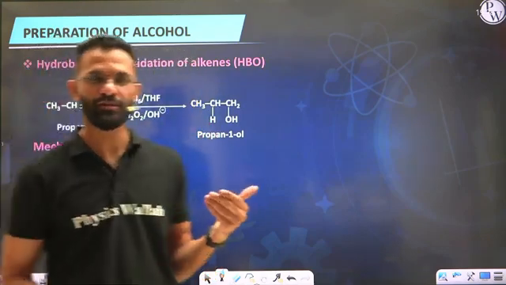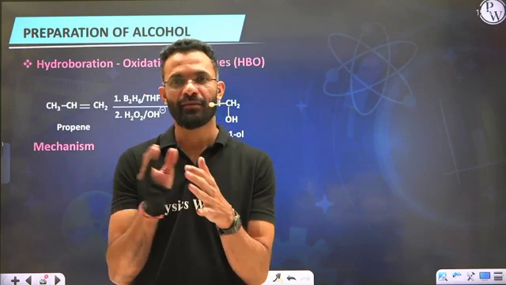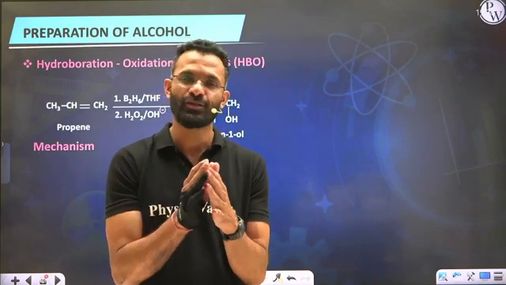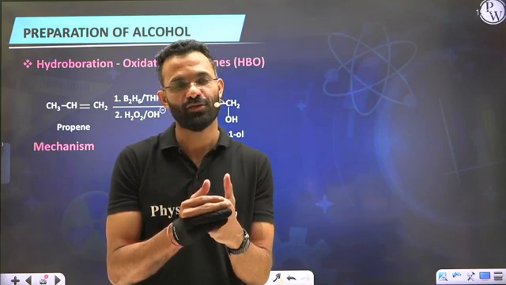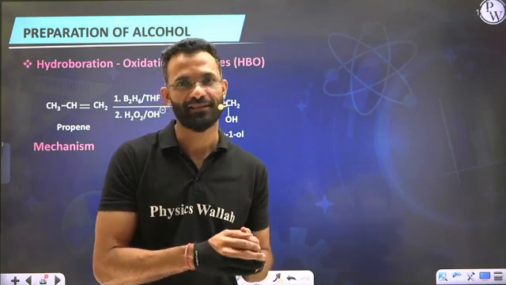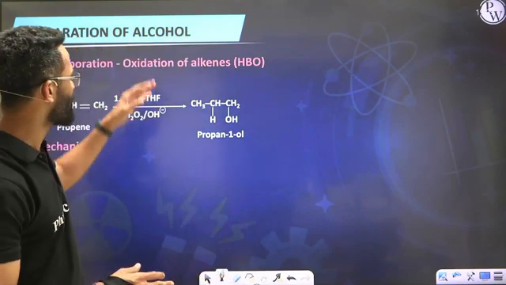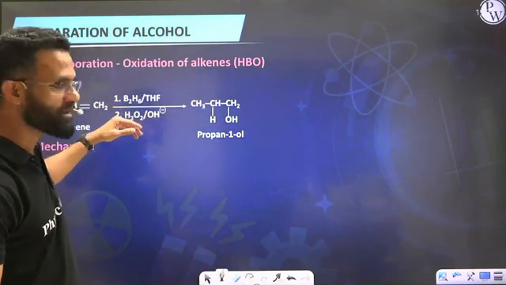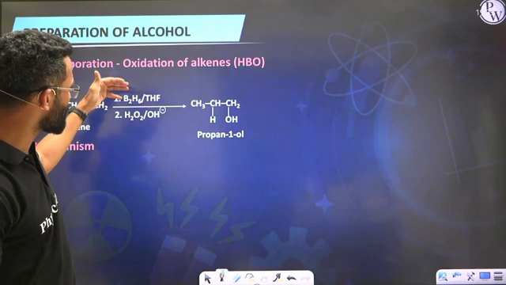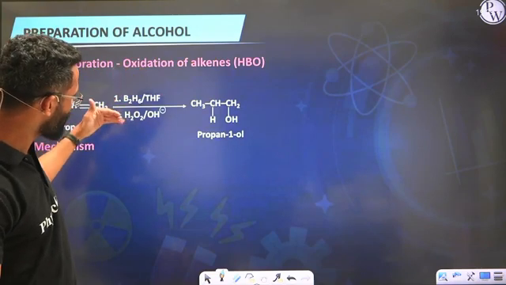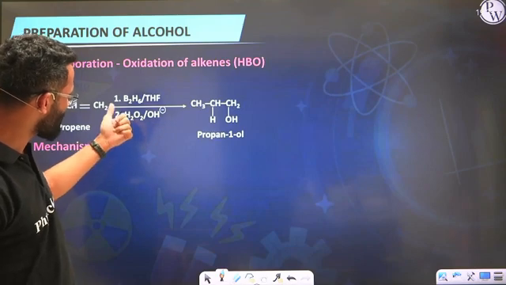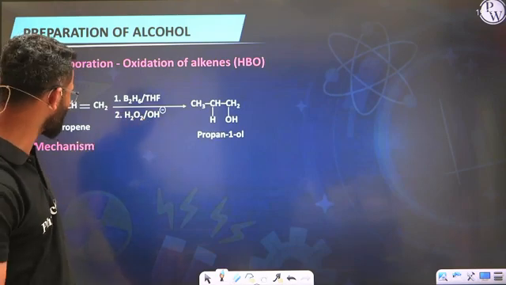Second, for oxymercuration-demercuration, HgOAc twice, and water. And in the second condition, you will find sodium borohydride in an alkaline condition. Likewise, for hydroboration-oxidation, the conditions will be B2H6, that is diborane, in tetrahydrofuran as a solvent, followed by the oxidation step, which uses hydrogen peroxide in an alkaline condition.